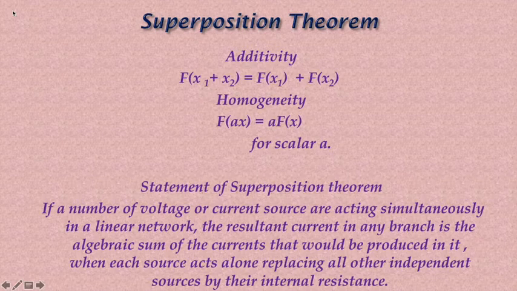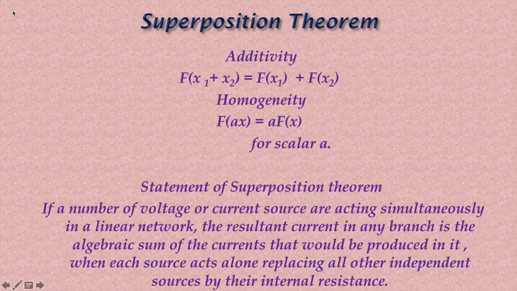The superposition principle, also known as the superposition property, states that for all linear systems, the net response caused by two or more stimuli is the sum of the responses that would have been caused by each stimulus individually.